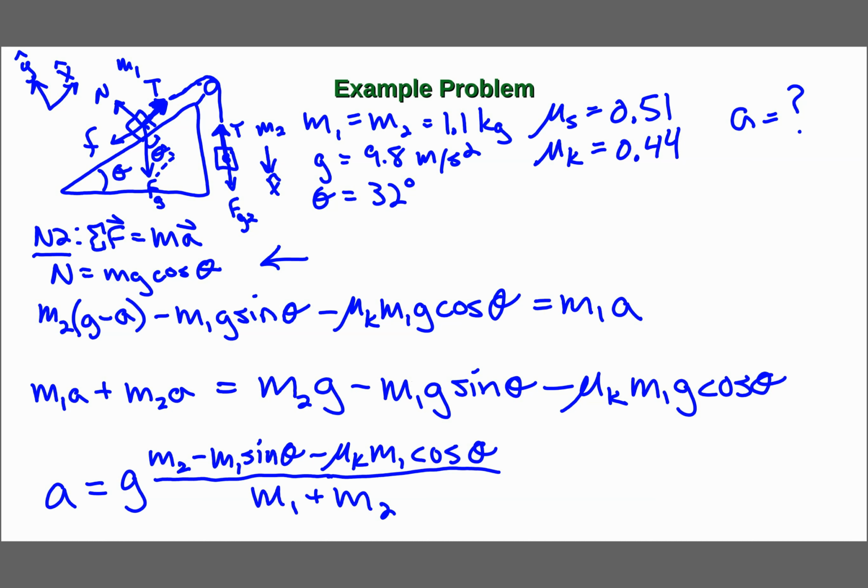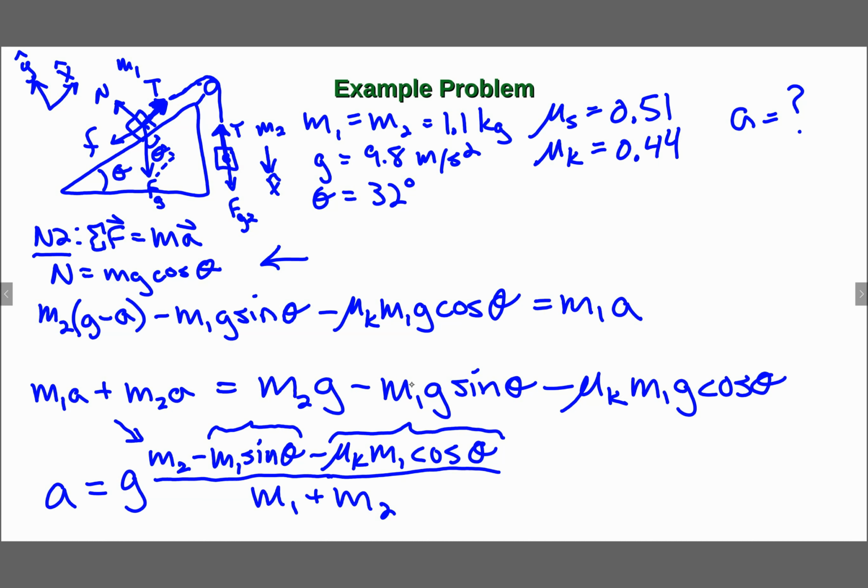And then the question is, did we choose correctly? Okay, so we picked friction down the ramp, and the question is, is that correct? So if our A ended up negative, we would want to switch and solve it for friction pointing up the ramp, right? Because if it turned out negative, what I'm saying is, remember, this is the force of gravity on block 1, and this is the force of friction, and I'm saying that they add up to more than the force of gravity on M2 here, right?